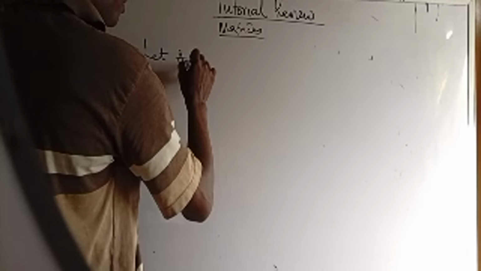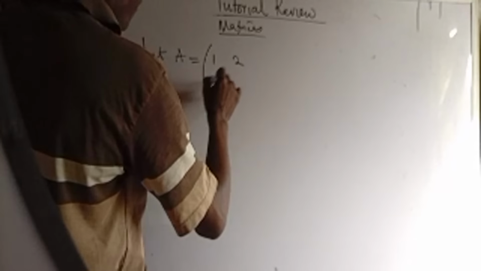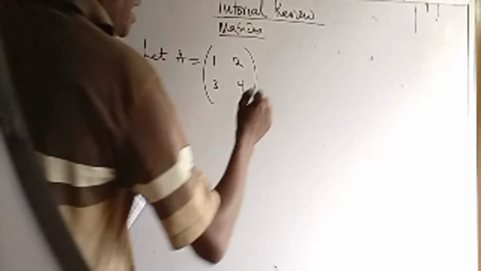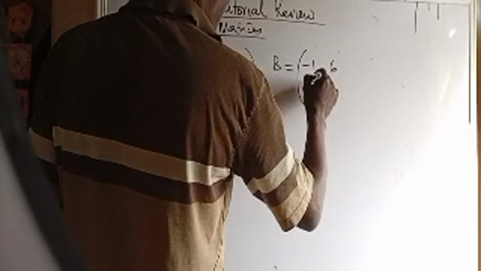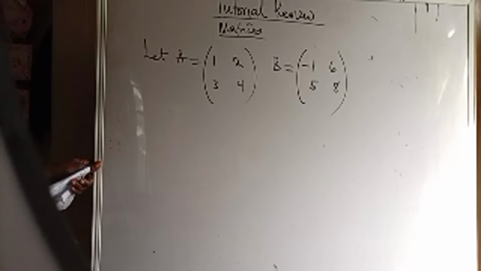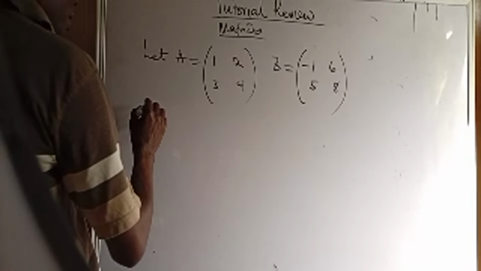I will have to use some kind of assumption. So let A be equal to 1, 2, 3, 4. Suppose that is my matrix A, and let my matrix B be equal to minus 1, 6, 5, 8.